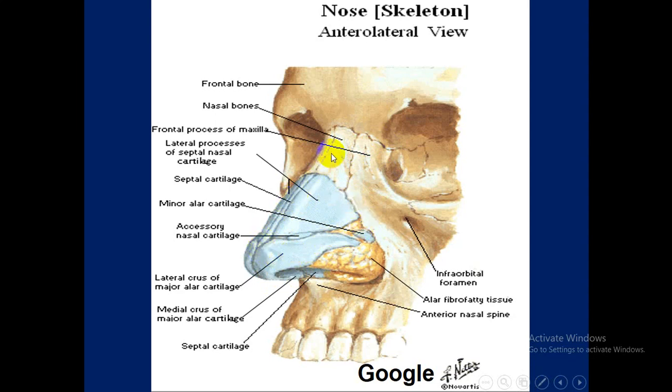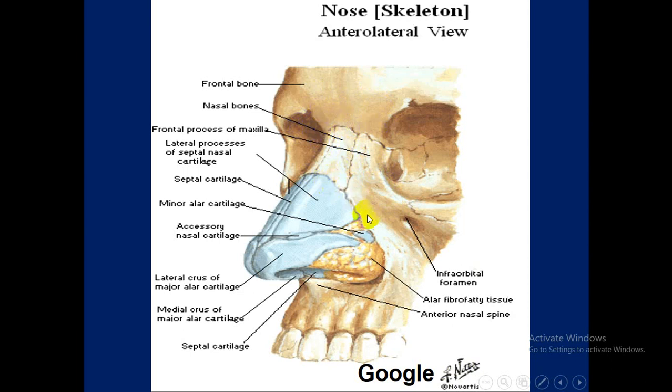Now the bony part is formed of number 1, the nasal bones; number 2, the frontal process of the maxilla; number 3, the nasal part of the frontal bone.